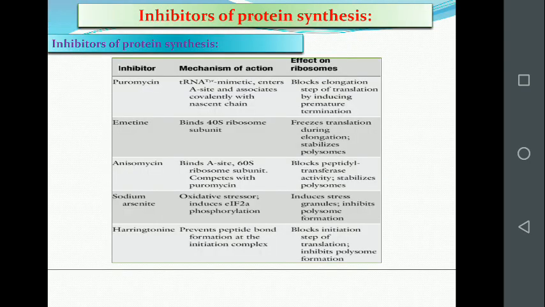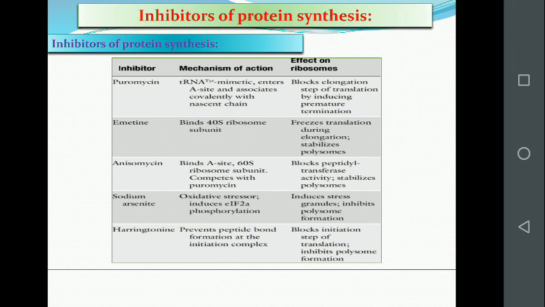And the last topic is inhibitors of protein synthesis. We have plenty of different protein synthesis inhibitors which inhibit the protein synthesis process in both prokaryotes and eukaryotes. Some inhibitors act exclusively on prokaryotes and some act on eukaryotes, based on the differences in the components used in the translation process.